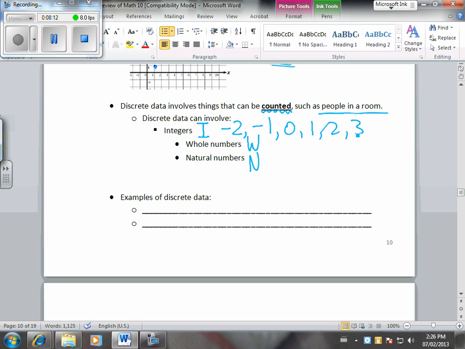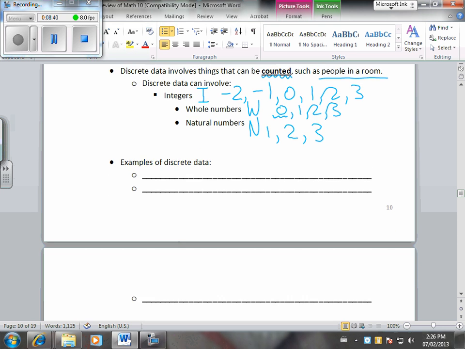Whole numbers are positive, but they can start with 0. Natural numbers start with 1, and they're whole numbers. Natural numbers would exist in nature. And remember that 0, like infinity, is more of a concept than a number.